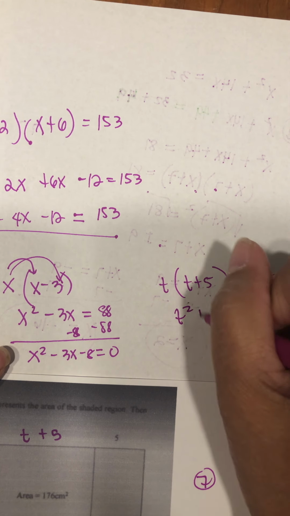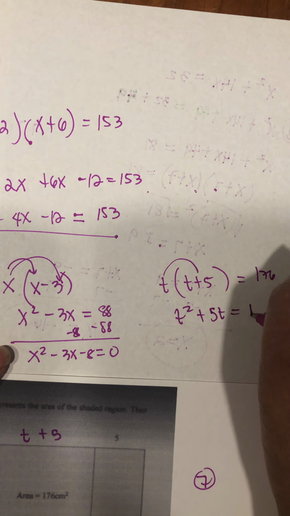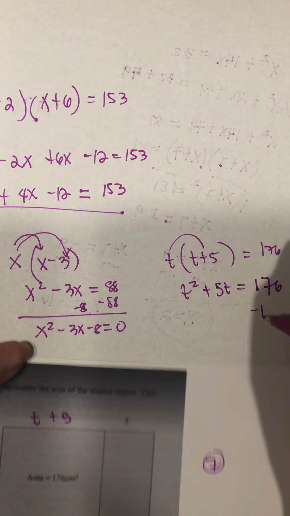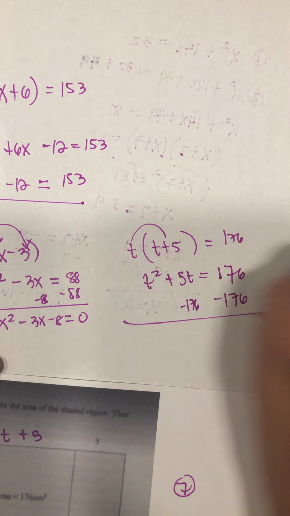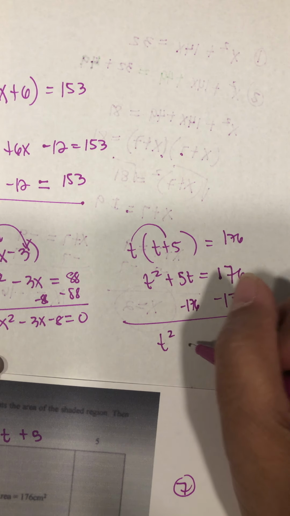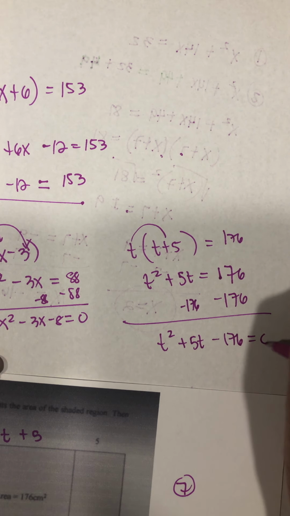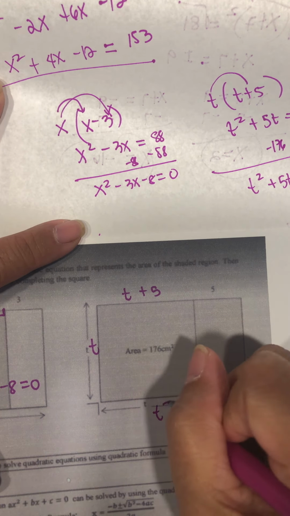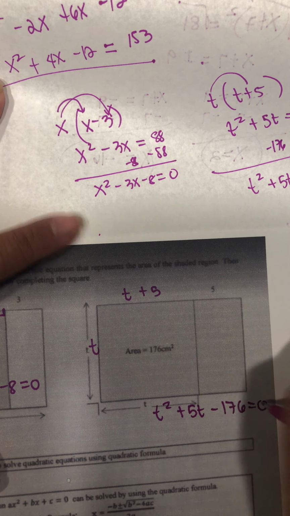So t squared plus 5t is 176. If you want it in standard form, t squared plus 5t minus 176 equals 0. So that's your quadratic equation here: t squared plus 5t minus 176 equals 0.